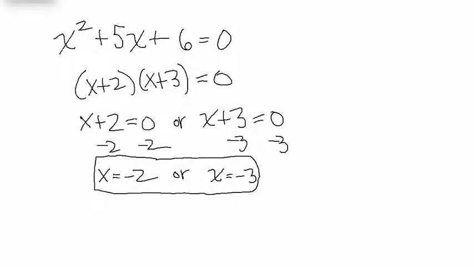Now the next one's going to have a little twist, so make sure you try this one. x squared minus 8x plus 16 equals 0.